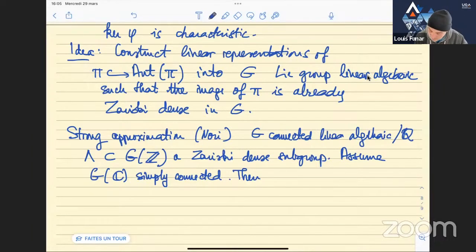Then the way it states is a little bit fancy, but I'll explain what it means.